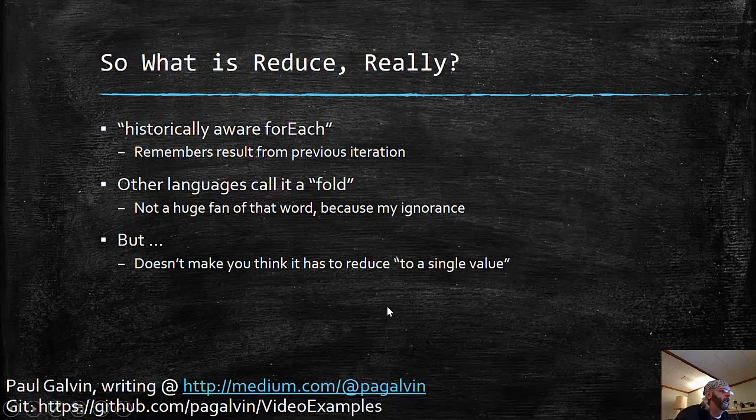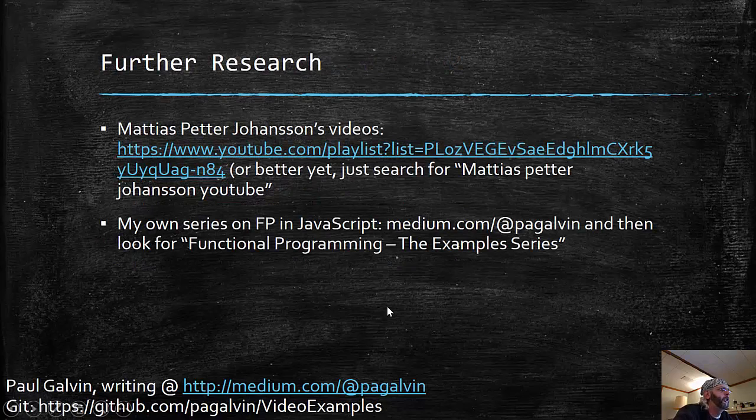So there you go. If you're interested in some further research, Matthias Peter Johansson's videos, his video on reduce, knocked me off my perch a little bit on this and got me to realize that it's more of a historically aware for each than it was trying to reduce things down to a scalar value.